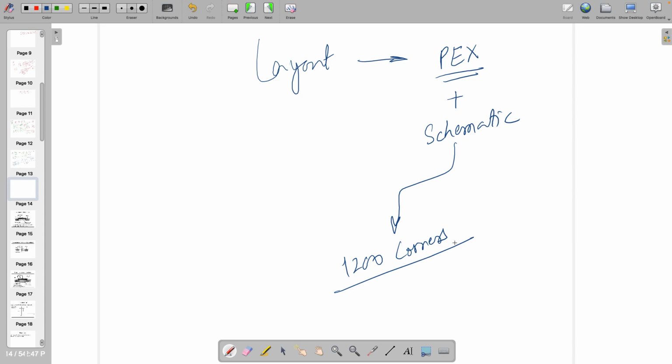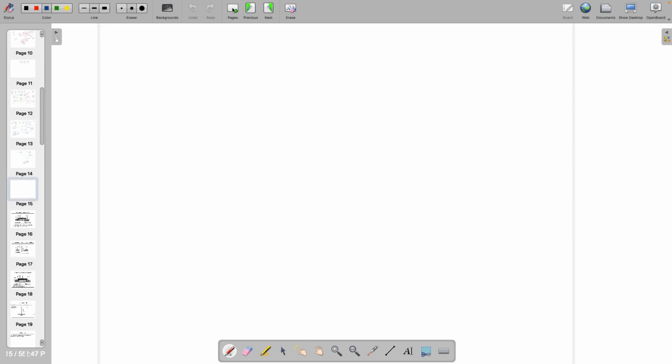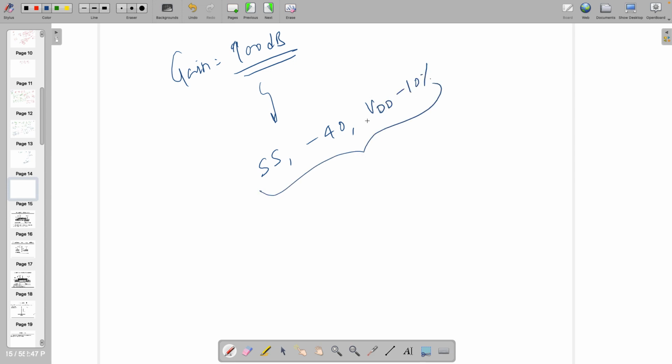Once this is done, then whatever the worst corner is, let's say for a gain of 100 dB, you achieved the 100 dB gain at, let's say, slow, minus 40 and VDD minus 10%. This was the corner where you achieved this gain. At other corners, it is more than 100 dB.